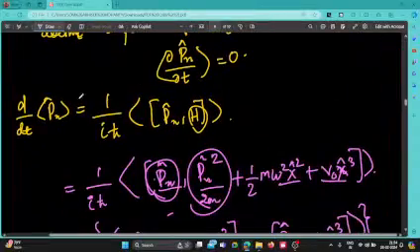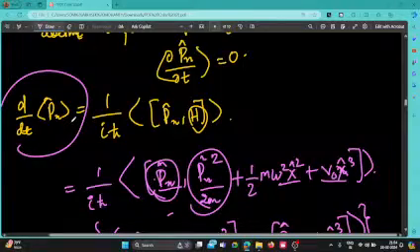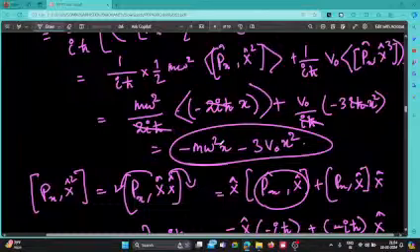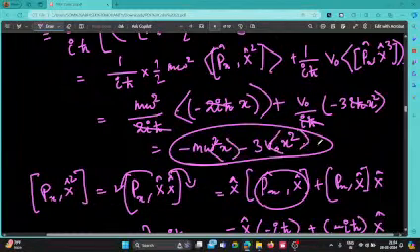So this is your d by dt of Px. Is it clear? Another thing, this bracket is also there, no? So this bracket will also be there. Is it clear?